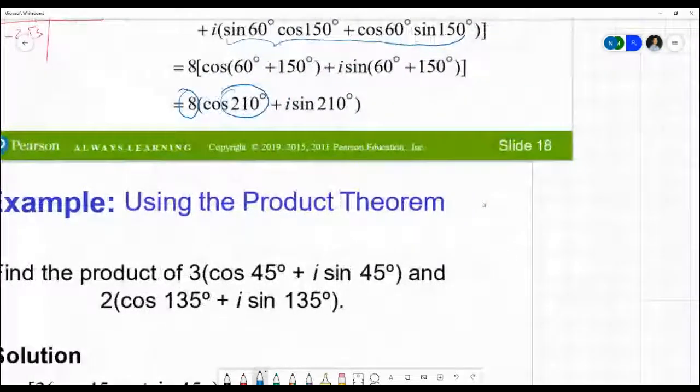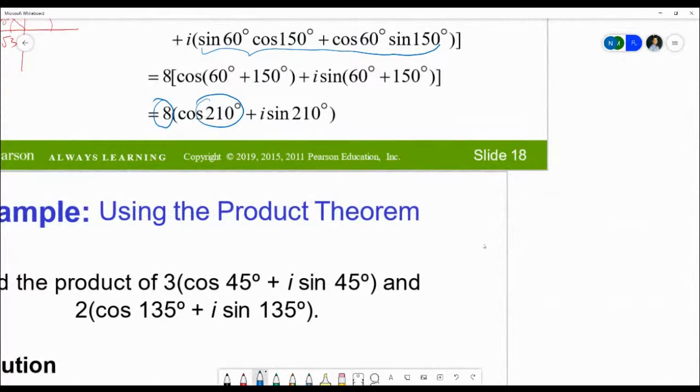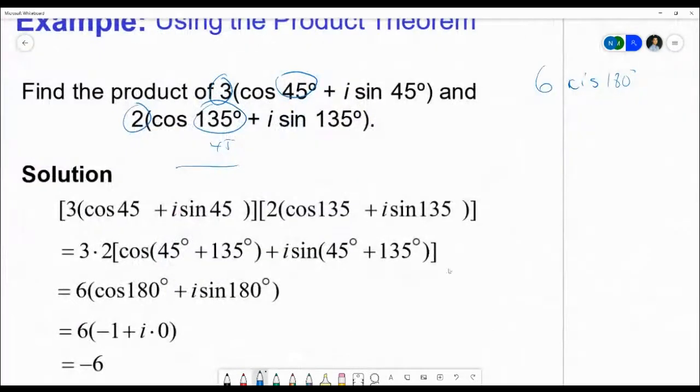All right, I'll just do this one, and then I'll give you another example. When we multiply these two, here is our r value, here is our theta value. So we take 3 times 2, which is 6, cis of 45 plus 135, so that's 180. So easy, right?